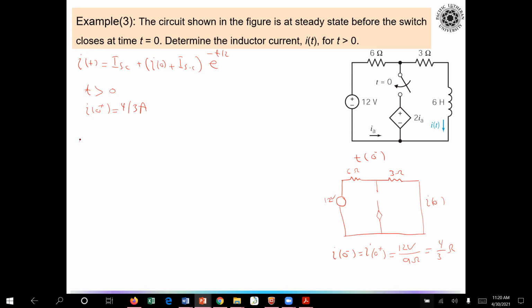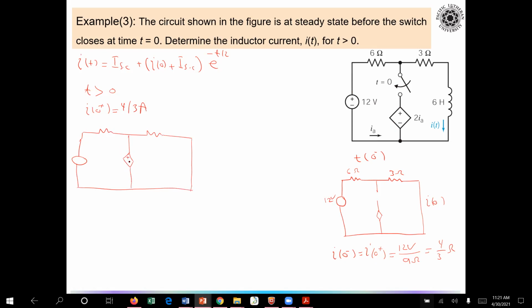The switch will be closed. We have the circuit like this. Now the only change here is that I will include my dependent source in my circuit.